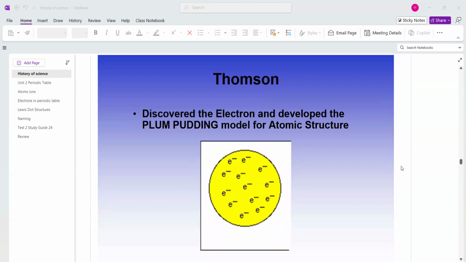Now, at that time, assuming they accepted the atom concept, they didn't know what was going on with the atom, though. So this guy named Thomson came up with 2 ideas. One is that there's an inherent charge inside the atom that was negative.